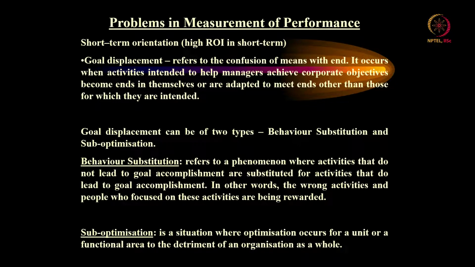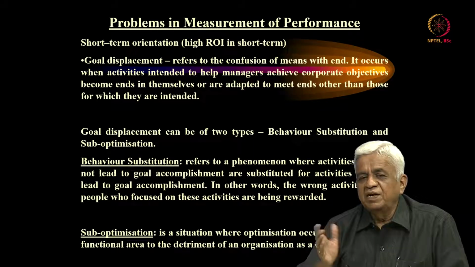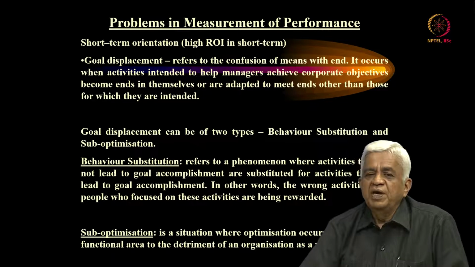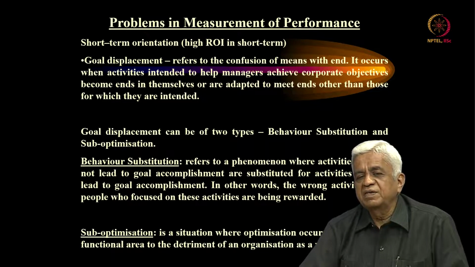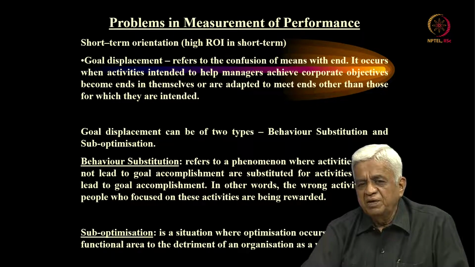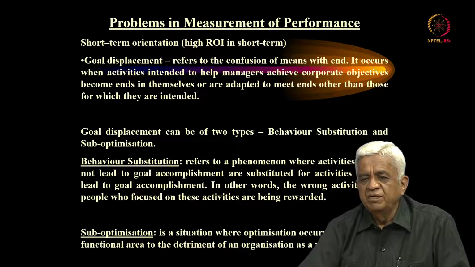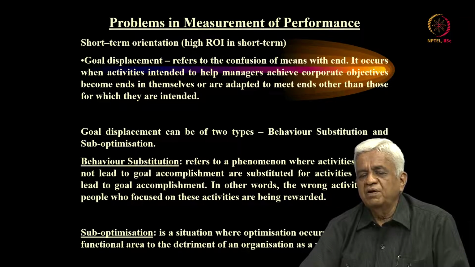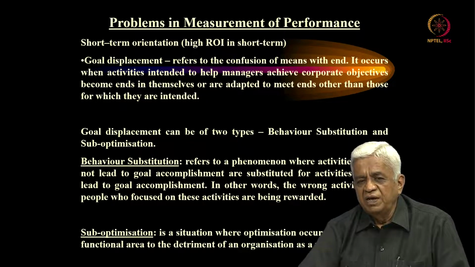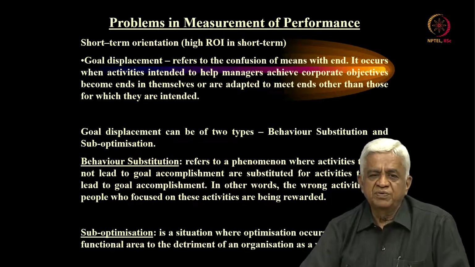In fact, if possible, further attributes are added to make the product more acceptable in the marketplace. So, this is what happened with respect to telephones in the 80s, when they came out with electronic telephones instead of the mechanical telephones.